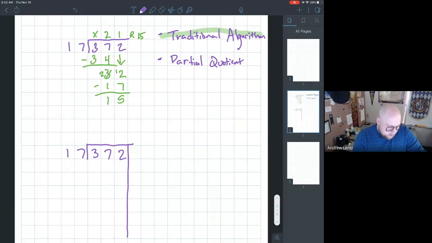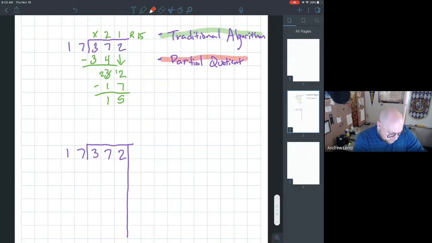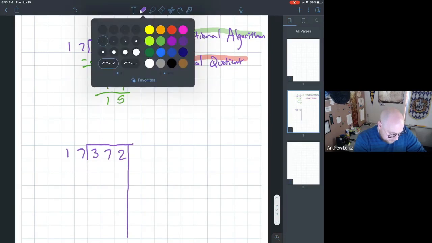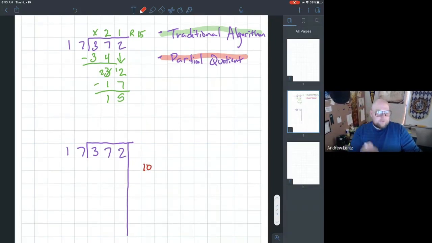Okay, good. The other way, the partial quotient way, I will admit, I think it's nifty. I like it. I'm going to do this one in red. However, it comes with an issue for stuff in 6th grade. So when I look at partial quotient, I can pull out, well, simple math, 10 groups of 17 from 372. 10 times 17 is 170.